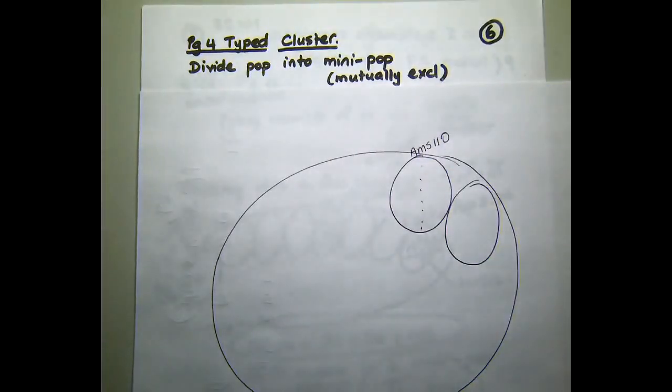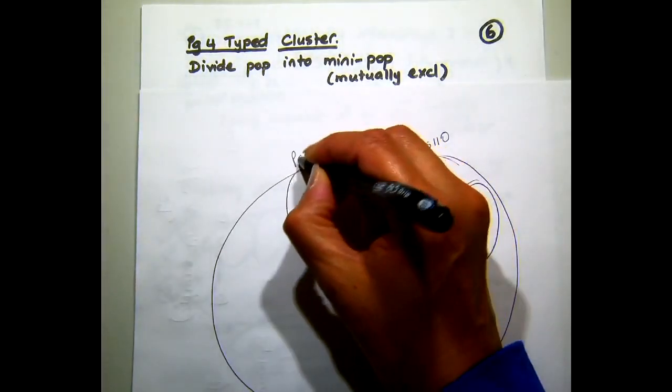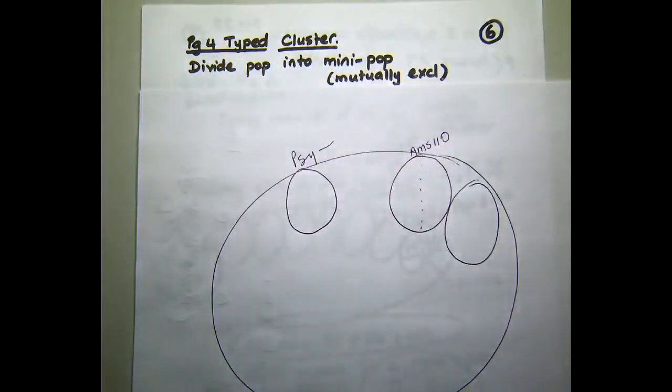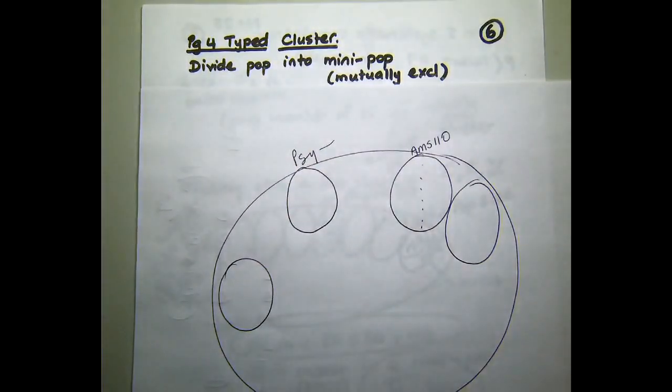So AMS 110 is one of the clusters, and then psychology, whatever, however those numbers work, is another cluster, and let's say music is another cluster, and art is another cluster. Within each of these clusters, I will find the no exercisers and the people who exercise every single day, and every variation in between.